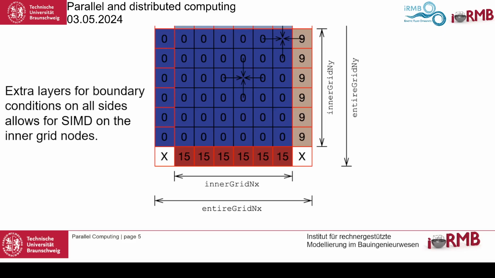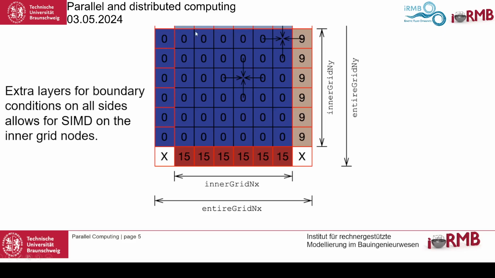There's a layer around the domain with points where we just input the values of the boundary and we'll just keep them the same all the time. So we'll not update these things.